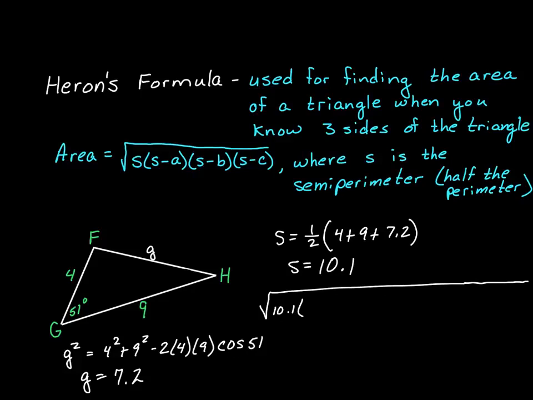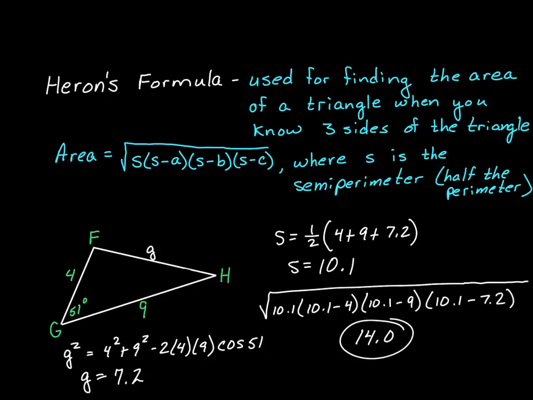So it's going to be S times S minus A, which is 10.1 times 10.1 minus A, and A can be any one of the sides, so I'll just use the 4, times S minus B, so 10.1 minus another side, and it doesn't matter which one, times S minus C, which would be 10.1 minus the third side, which is about 7.2. And when you work all this out, this gives us an area that is approximately 14.0 for the area.